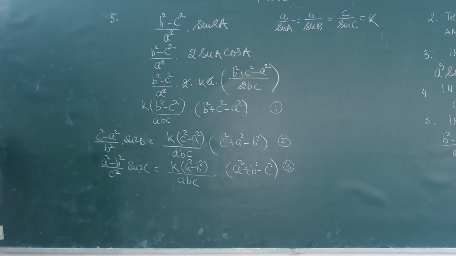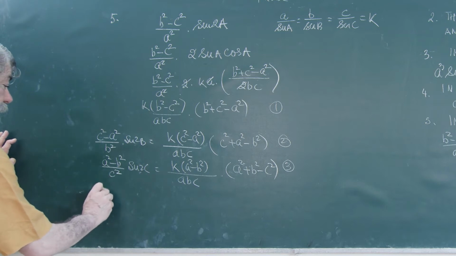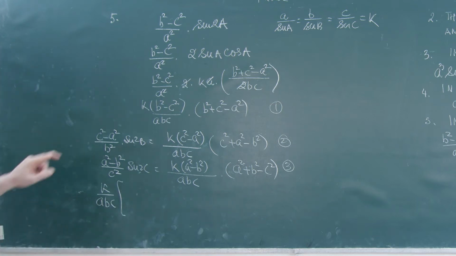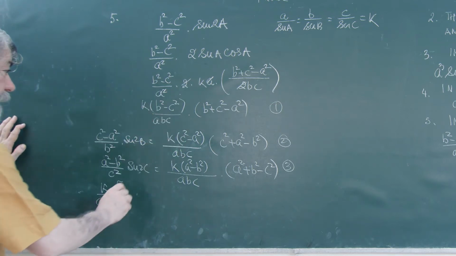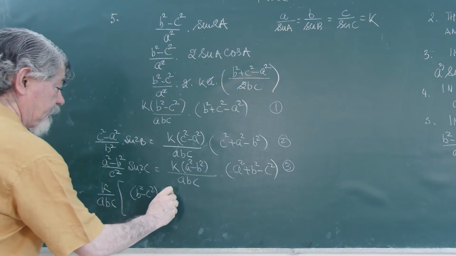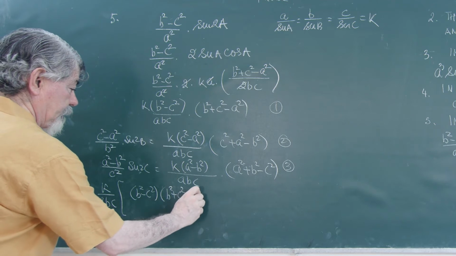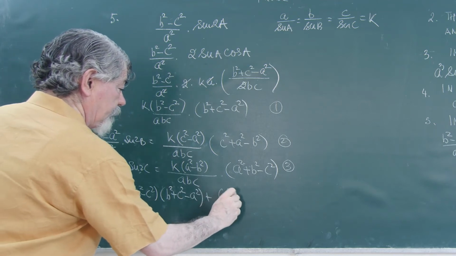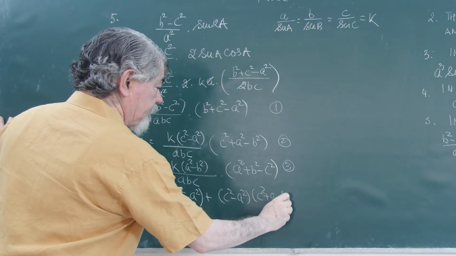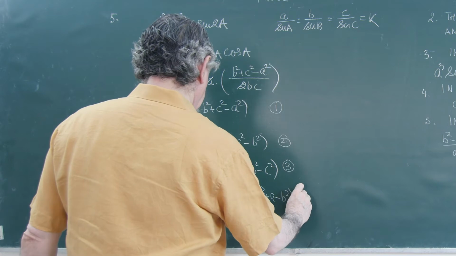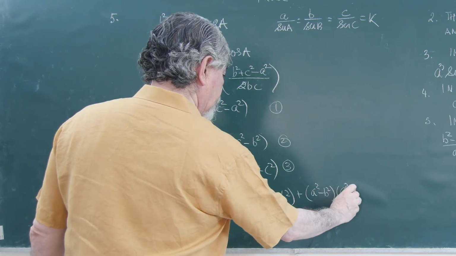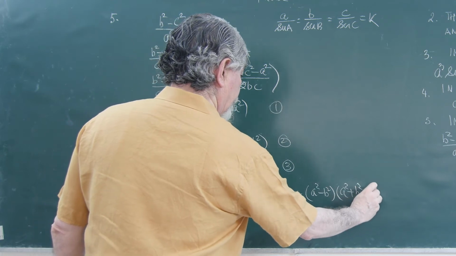Now when I will add all these components, K upon ABC will come common. K upon ABC is common everywhere. Inside I will get B square minus C square into B square plus C square minus A square, plus C square minus A square into C square plus A square minus B square, then I will get A square minus B square into A square plus B square minus C square.